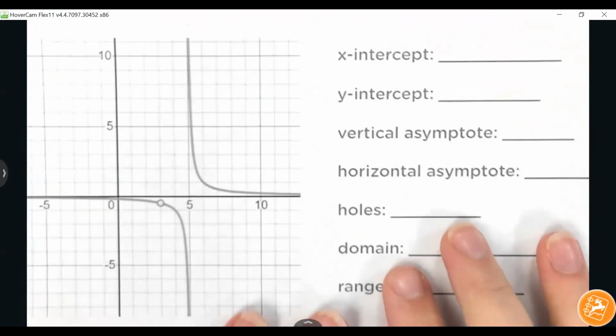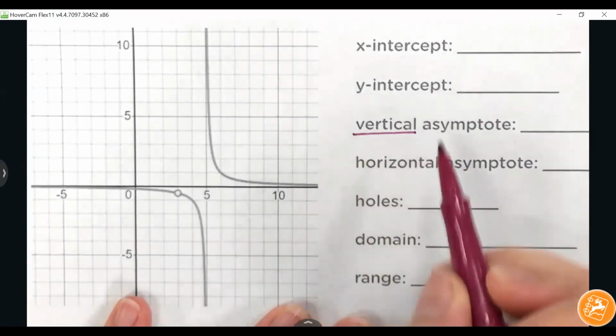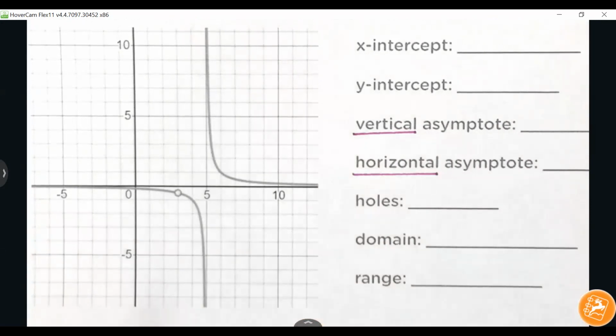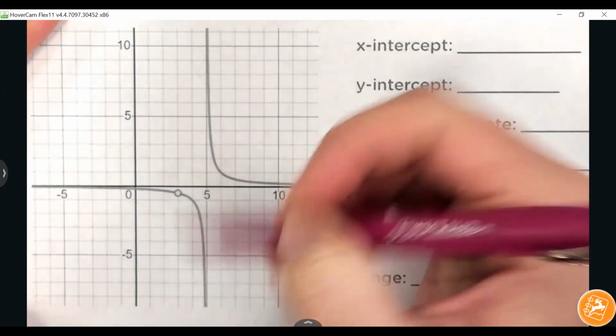So where I am going to start is I'm going to start at my vertical and horizontal asymptotes because you have to know those before we can get other information. So an asymptote is going to go between my two graphs. So for example, follow closely. I see a line right here between my two graphs.